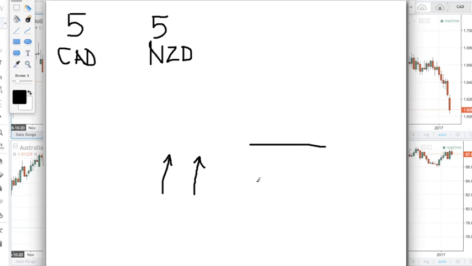Okay, a range is a representation of strength on both sides. It means equilibrium. No higher highs can be made because of so much power. No lower lows can be made because of so much power. So both parties keep kicking in. So on the higher time frame, you're going to see this. You know, on your daily, you're going to see a range starting to develop.